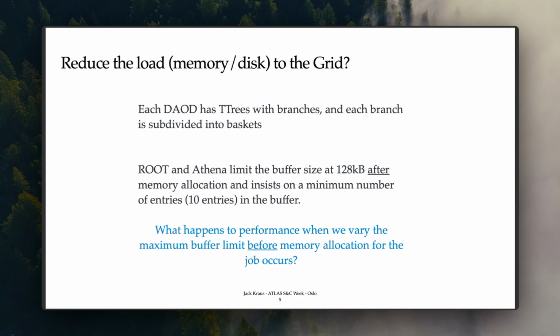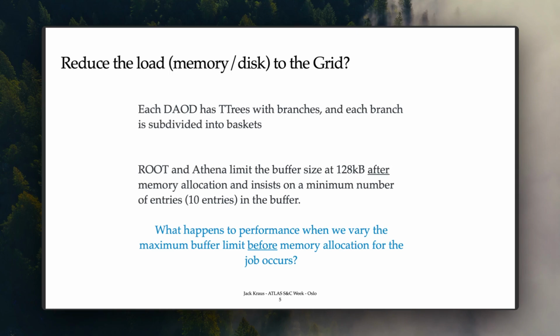So how can we reduce the load to the grid? One way we can look at it is through optimizing these branches that we have, either on the ROOT side or on the Athena side of things.